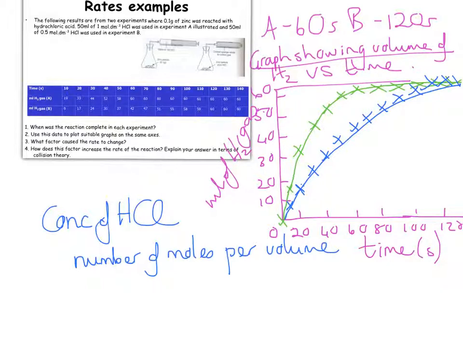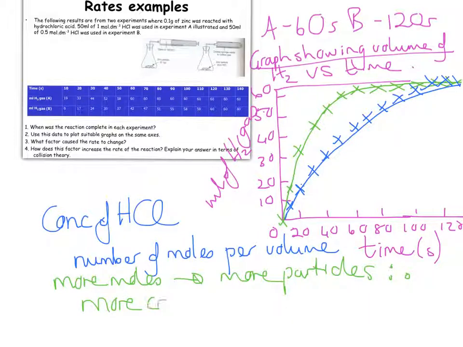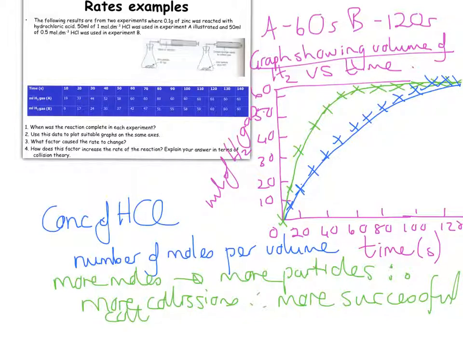So if I've got more moles, more moles means more particles, therefore more collisions, therefore more successful collisions, and therefore faster rate.